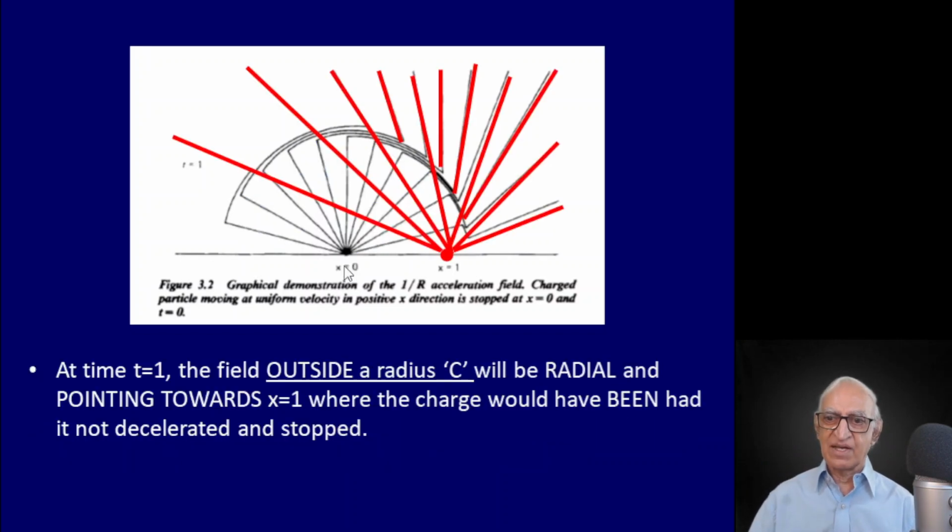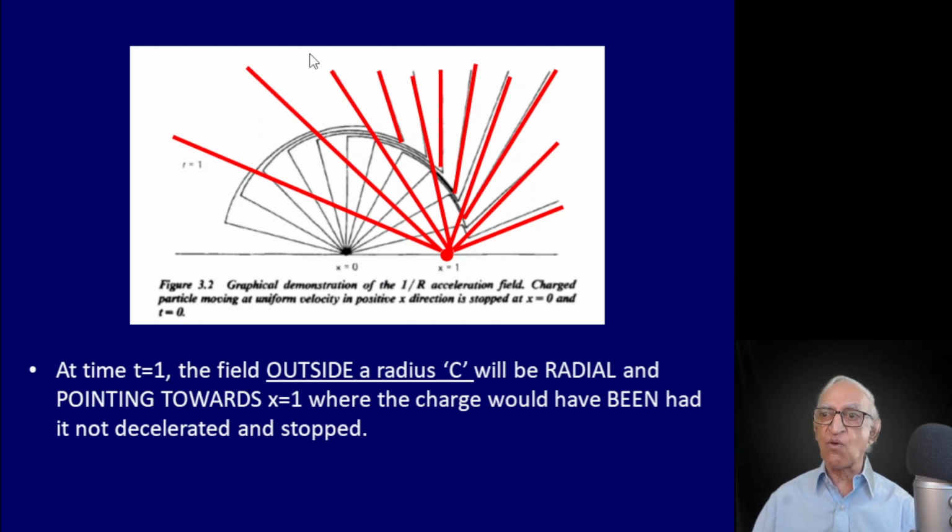Now, let us consider at the same time t equal to 1 second, the electric field outside this radius whose radius is c. Well, the important thing to appreciate is that the information that the charge has come to a stop at x equal to 0, at t equal to 0, has not yet reached any point outside the semicircle of radius c.